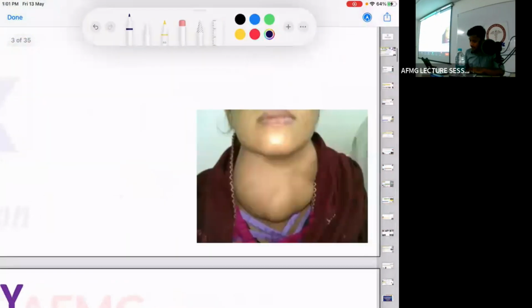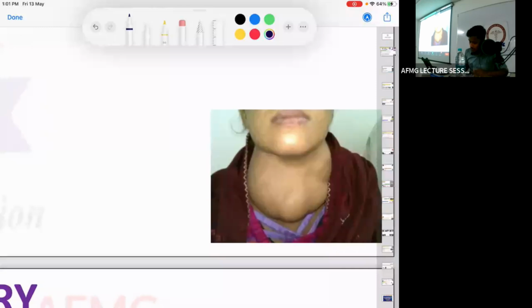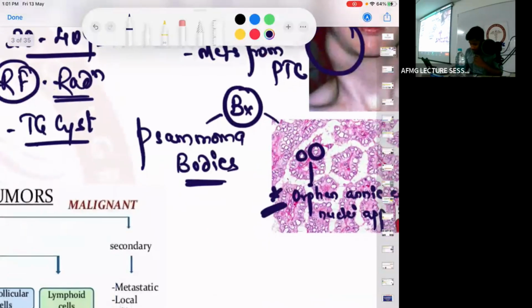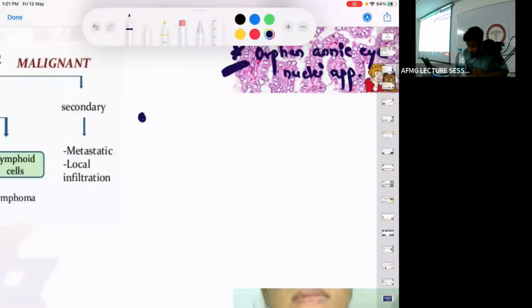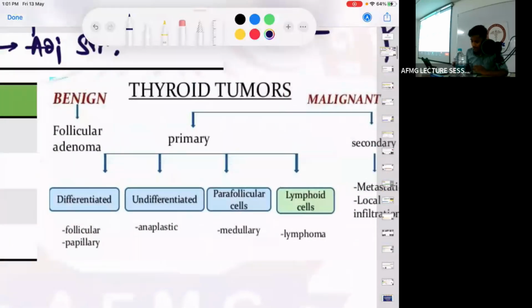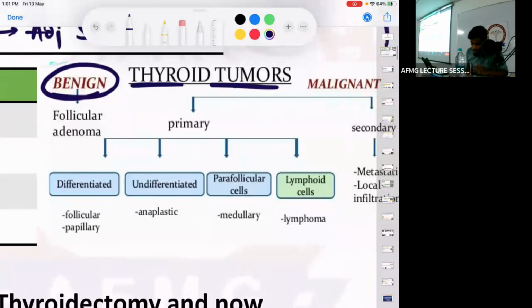Then if I talk about the other differentiated thyroid cancer, that is known as follicular thyroid cancer. So यहाँ पे देख लो thyroid tumors. If they ask you, the most common benign thyroid tumor is follicular adenoma.